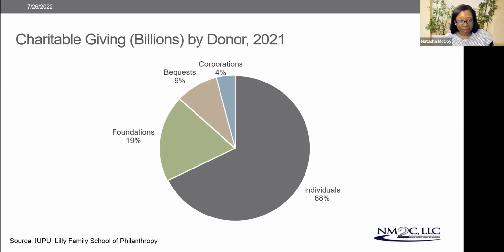Corporations are actually the least of the givers at 4%. So if you feel that there's need for money and raising funds and identifying who can give, don't leave out the individuals, because they give more than the foundations, than corporations, and the bequests. But those are other ways of generating revenue for your nonprofit.